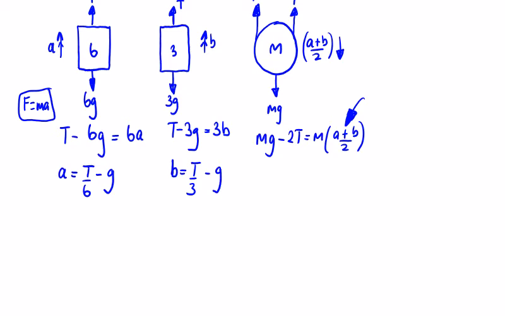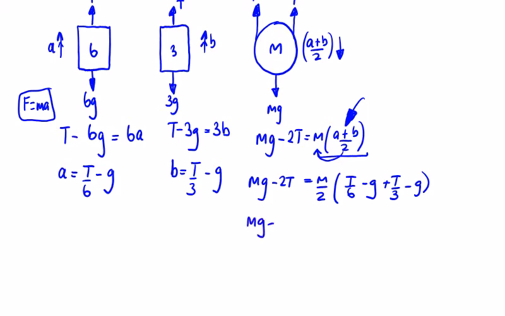So if we fill them in over here, we're going to get mg minus 2T is equal to, probably best to bring this 2 under the m, so m over 2 times (T over 6 minus g plus T over 3 minus g). Simplifying this down, we're going to get mg minus 2T is equal to m over 2 times, well, I have a third and I have a sixth of T, so that's 2 sixths and 1 sixth, that's 3 sixths, which is a half, so that's just T over 2.